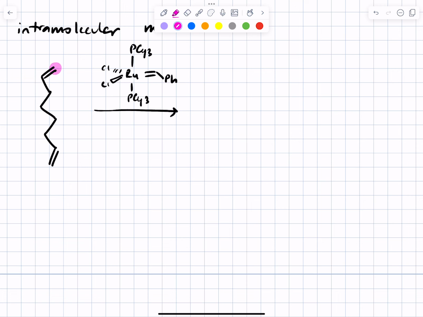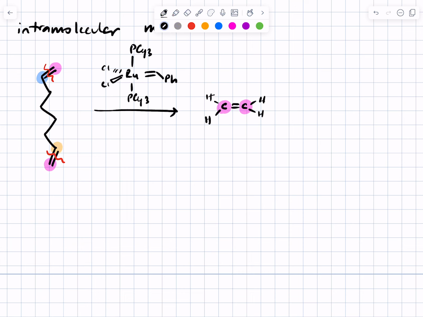Look for the terminal alkene. Look for the terminal CH2 group. That's going to come off as ethylene. These are the sigma and pi bonds that you're going to break. One of your products is going to be ethylene. And then the other two carbons are going to be linked together here and here.